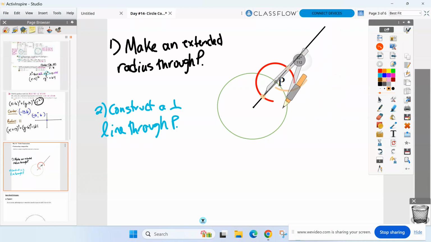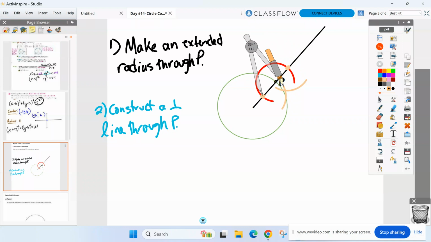So go to the other point and make it intersect the previous arc. Both arcs you make from each point of intersection should intersect each other.